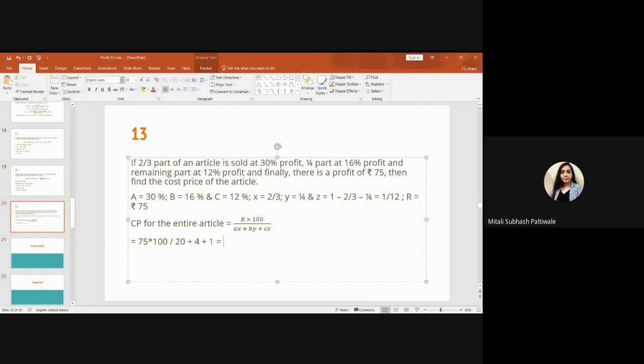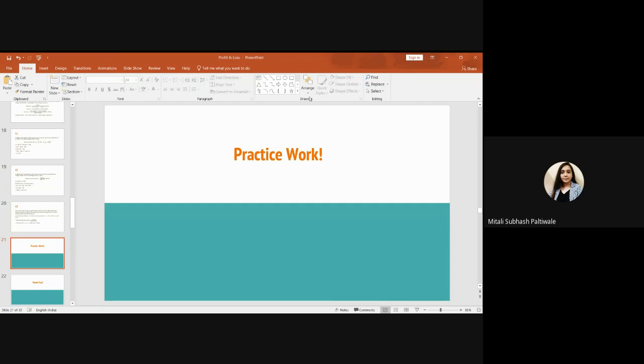So this is 75 and 7500 divided by 25, which is equal to 300 rupees. Okay, so here the answer is 300 rupees. 300 rupees is the cost price of that article. So yes, that was the last question.